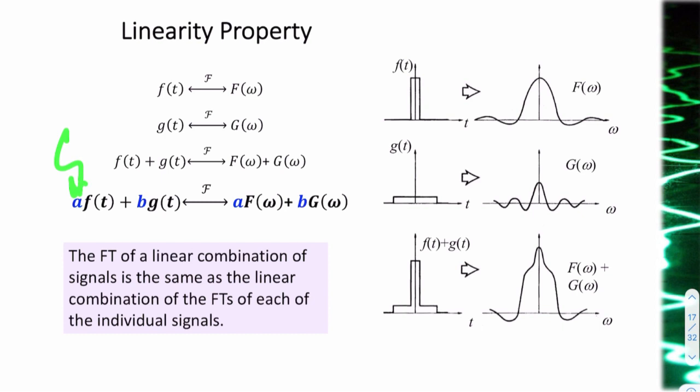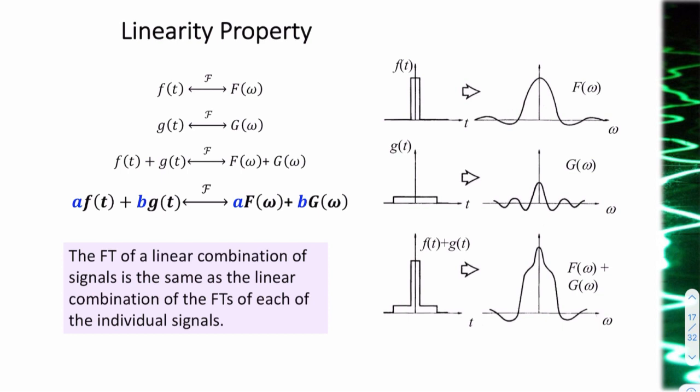And if you add these with weightings, so you have A times f plus B times g, then the spectra will also have the same weightings, A and B. So expressed in English, the Fourier transform of a linear combination of signals is the same as the linear combination of the Fourier transforms. Here we have a linear combination of the Fourier transforms. So it's pretty straightforward. You can prove it easily.